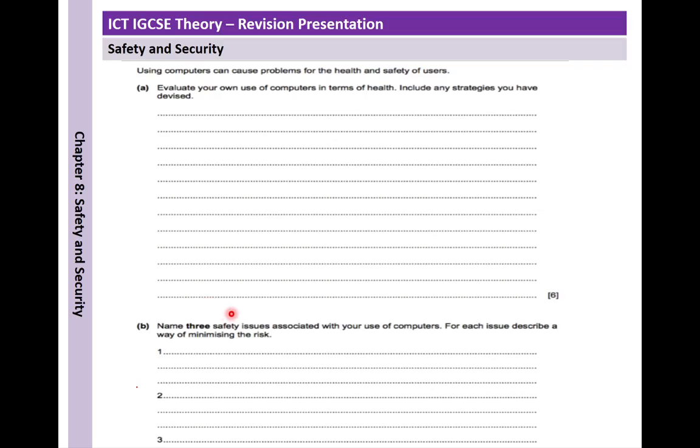B, name 3 safety issues associated with your use of a computer, and for each issue describe a way of minimizing the risk. One of them, we mentioned, is electrocution because of spilling drinks, and to minimize it, make sure that your office where you put your laptop or computer is always free of drinks or any kind of spilling liquids. The second one is tripping over wires.